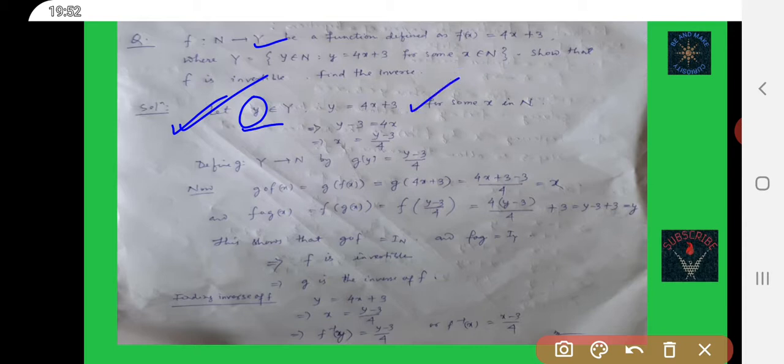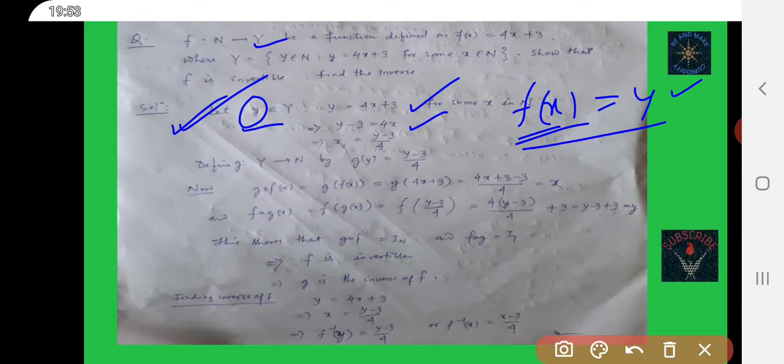Okay, then you can write y minus 3 is equal to 4x. As you know, f of x equal to y we generally write, so in this place you write y. So here y minus 3 equal to 4x, then x equal to y minus 3 by 4.